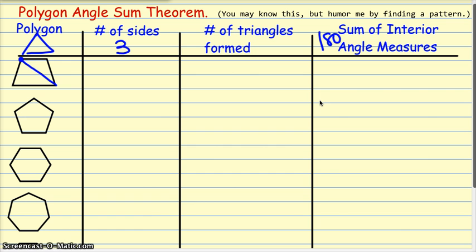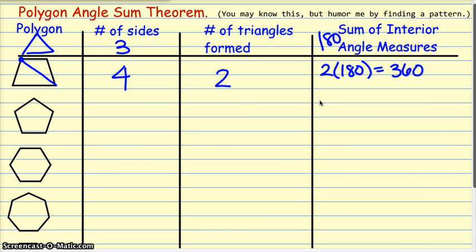What we have is that the quadrilateral has two triangles. So 4 sides has 2 triangles. If it has 2 triangles and triangles add up to 180 degrees, then that's the reason why a 4-sided figure has 360 degrees.